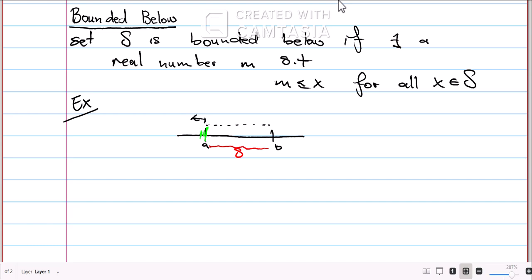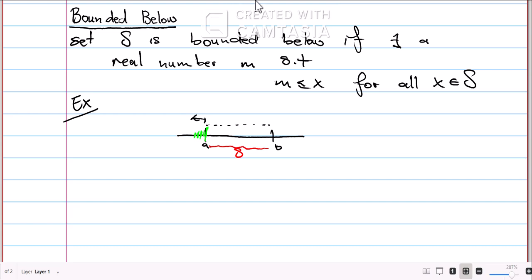So the set S is bounded below if there exists a real number m such that m is less than x, so we're looking for a number which is here. So we then say the set is bounded below if there exists a number here in this part.